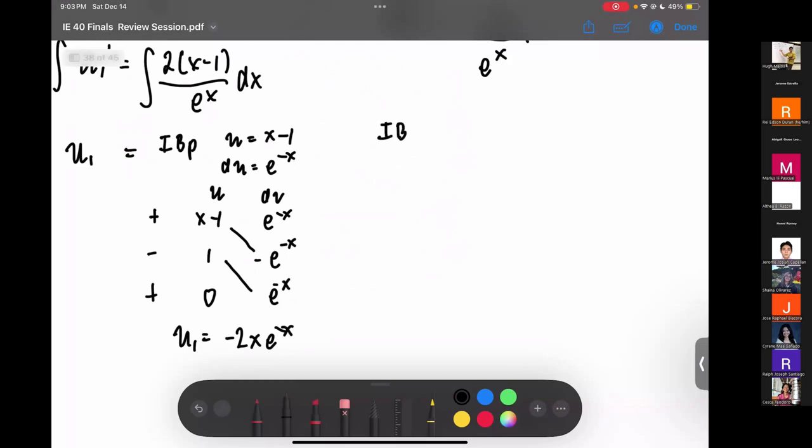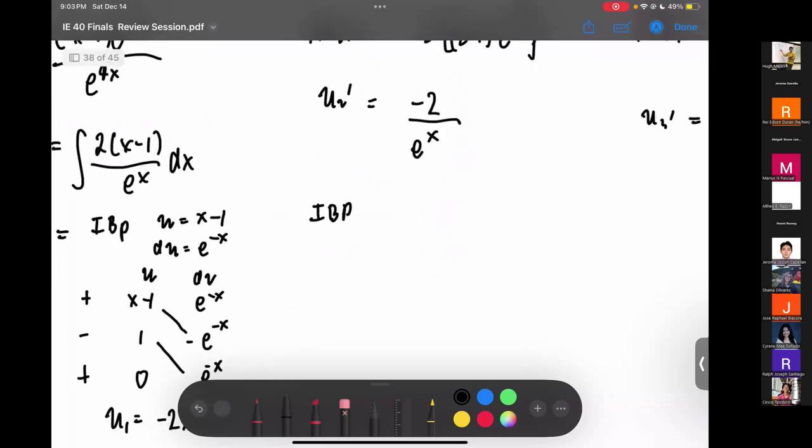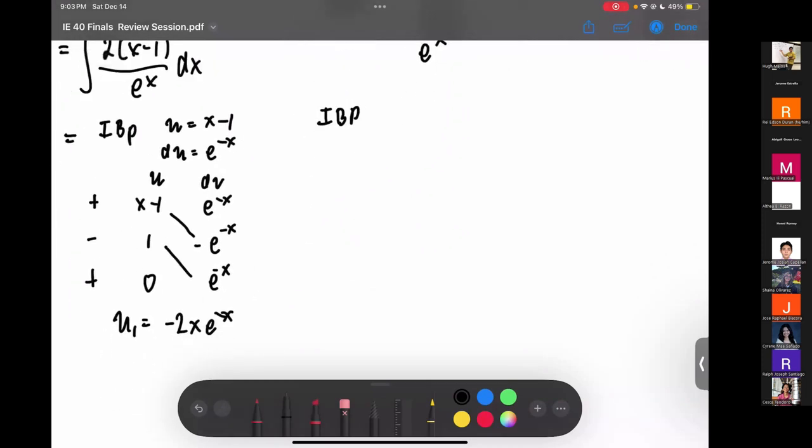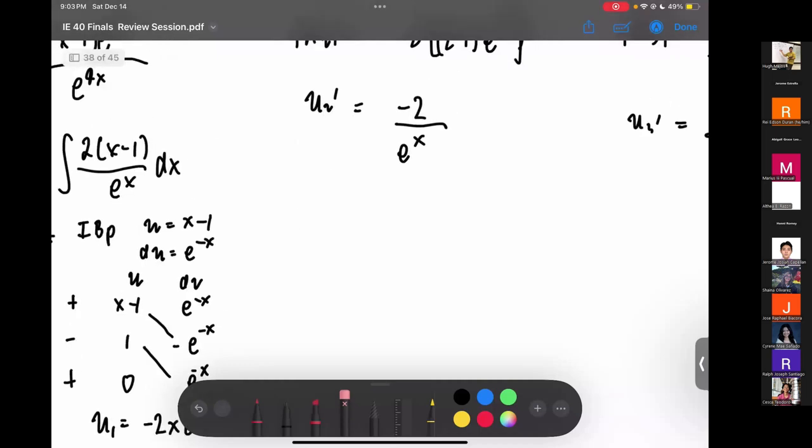Doing the same IBP here, I'll just leave what I used as, I know, for this case pala, di pala to IBP, simple integration lang. The simple integration, u2 is equal to negative e raised to negative 2x.